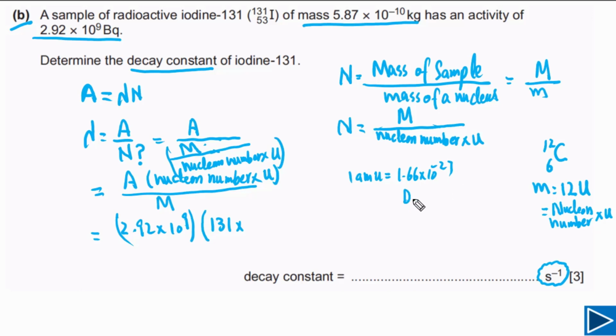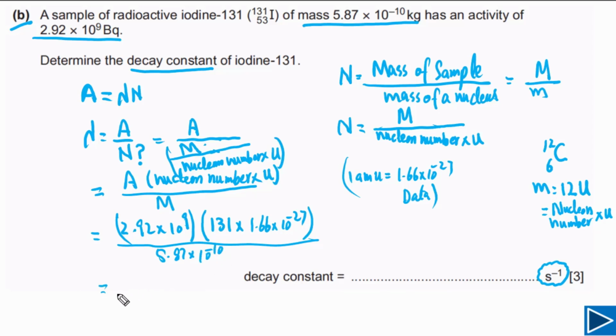You can also find this one in the data; this is given in your paper. Then divide by the mass of the sample, which is 5.87 times 10 to negative 10. And if we solve this one, the value of lambda will be 1.08 times 10 to 6 per second.